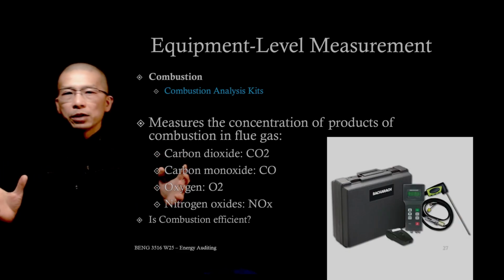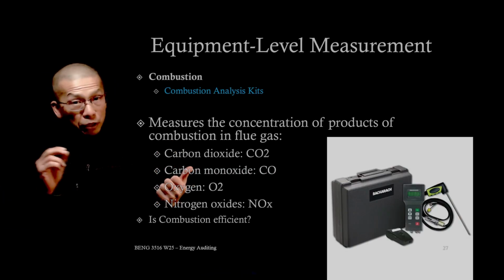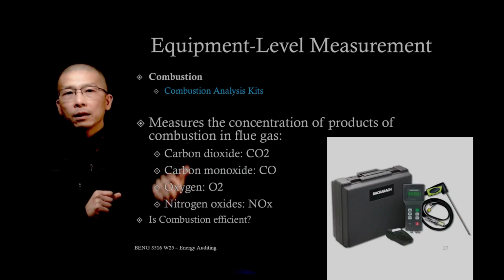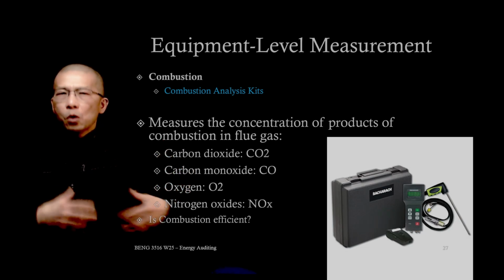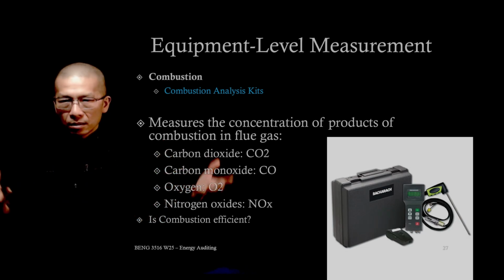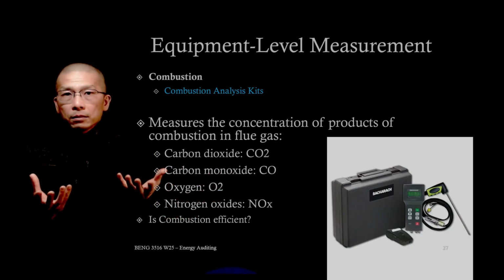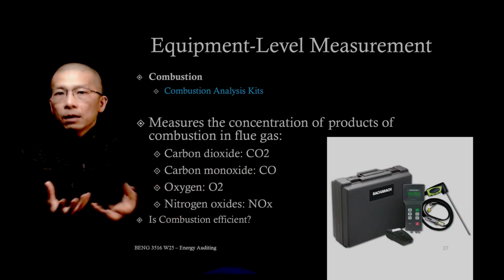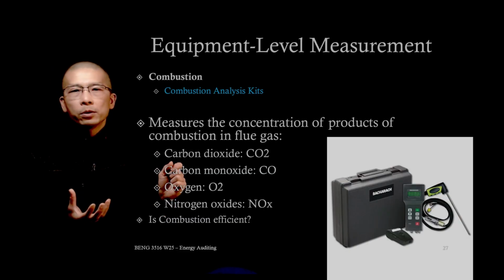The system measures key gases such as oxygen. You don't want to measure too much at the end. Carbon dioxide, you want mostly carbon dioxide because that's the product of the combustion process. A little bit of carbon monoxide is pretty normal.